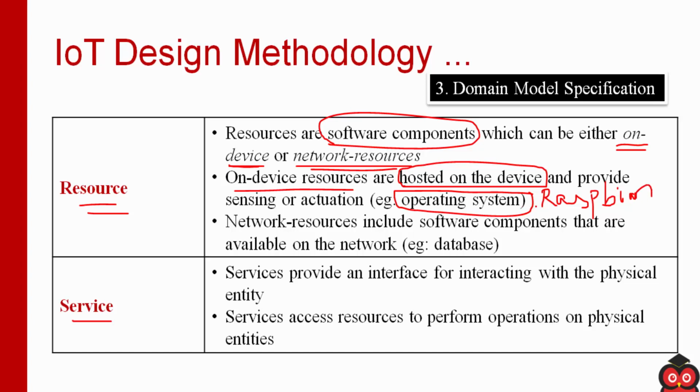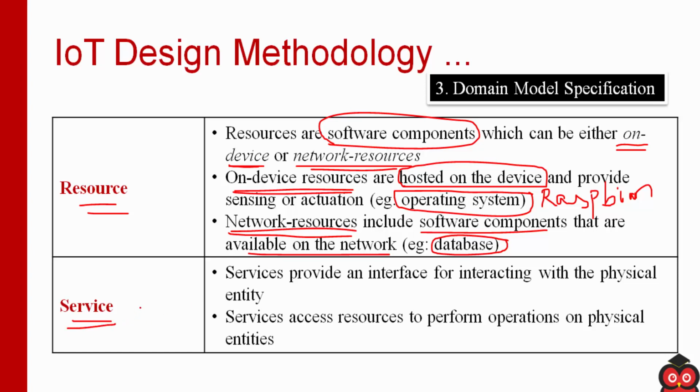If you are using Linux, Linux is an example of an on-device resource. And then there is a network resource. A network resource is a software component that is available or accessible on the network. For example, let's say there is a database in which we are storing the data and we can access that data through the network. The database is an example of a network resource.